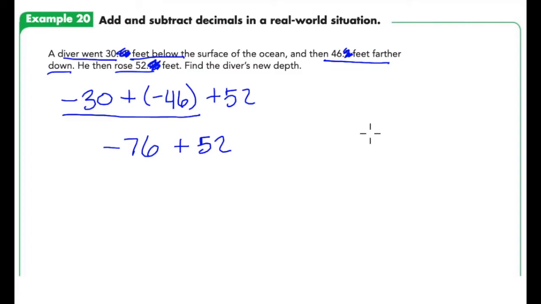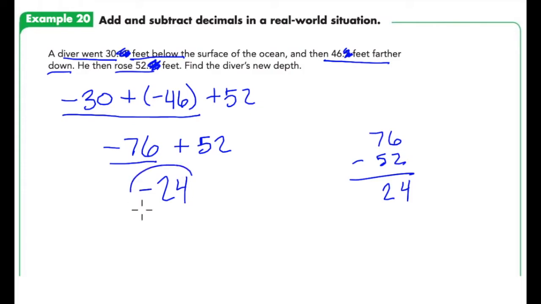So if I took 76 minus 52, that leaves us with 24. The 24 will be negative because 76 had the greater absolute value. Because we end up with a negative here, the negative would represent a depth below the surface. So we could say that the diver's new depth is 24 feet below the surface.